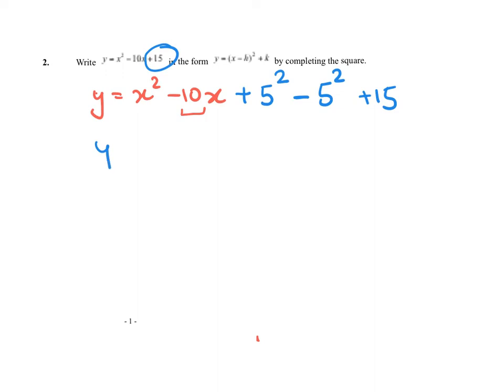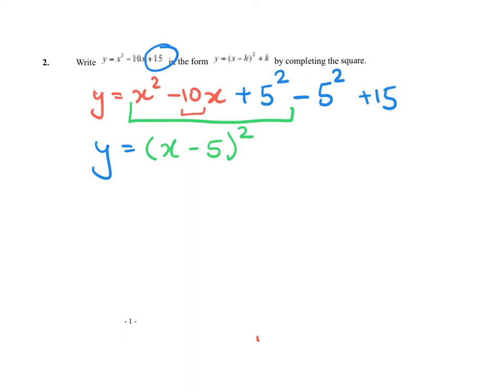So next step, y equal to, let's look at the first 3 terms, this one here, and try to rewrite this as a perfect square. So that would give us x take away 5, everything to the power of 2.